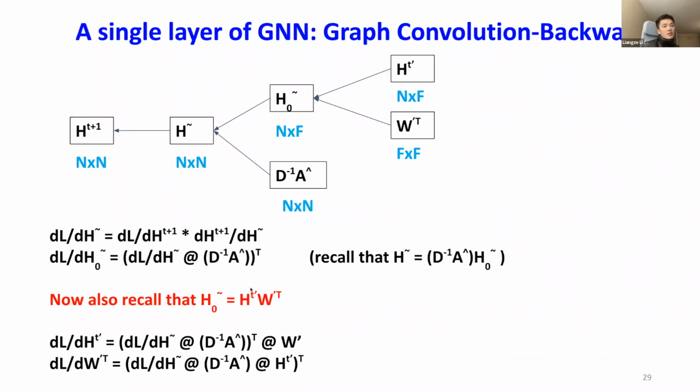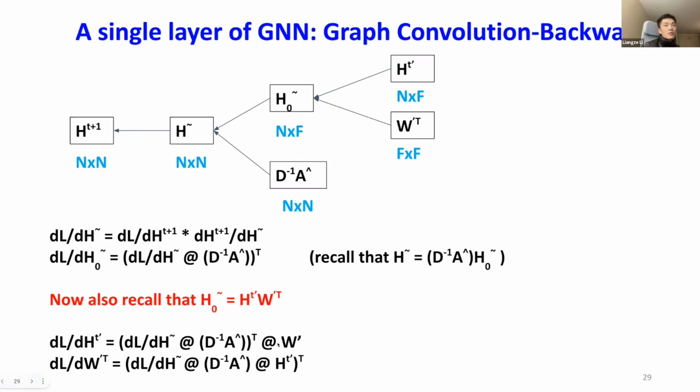Because ht prime is the first component of this matrix multiplication that gives us this matrix. So we just apply the first lemma. You can scroll back to find out what the first lemma is, but that just gives you this expression. And then for dL/dw prime transpose, we use the second lemma to get from dL/dh0 tilde to here, right? So since we already have dL/dh0 tilde, we just apply the first and second lemmas to get us to ht prime and then w prime transpose.